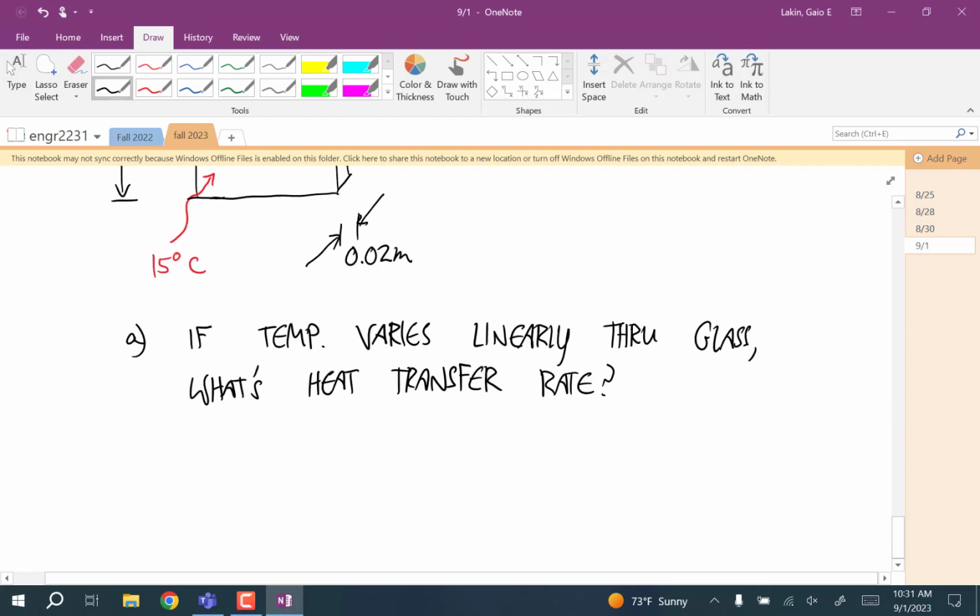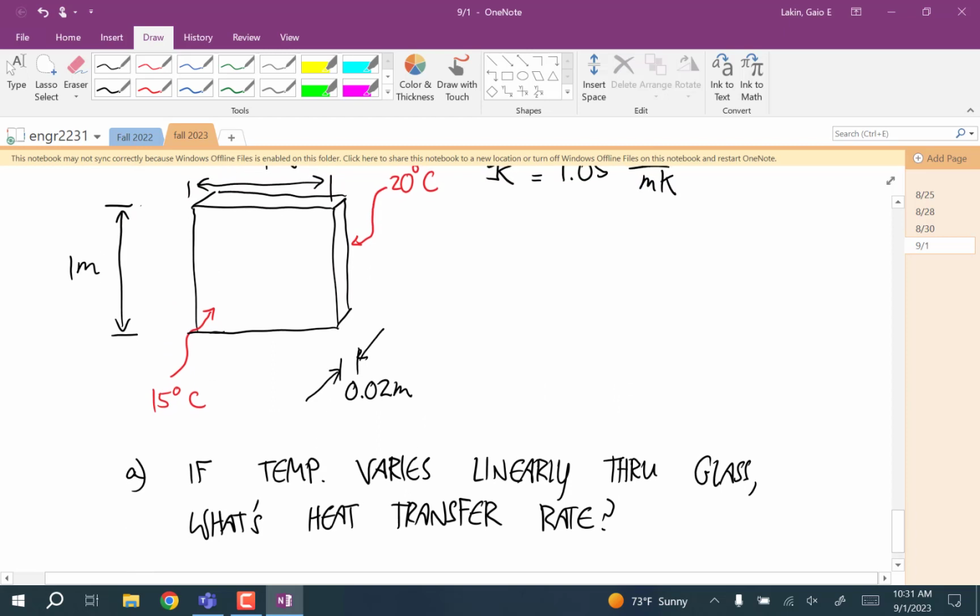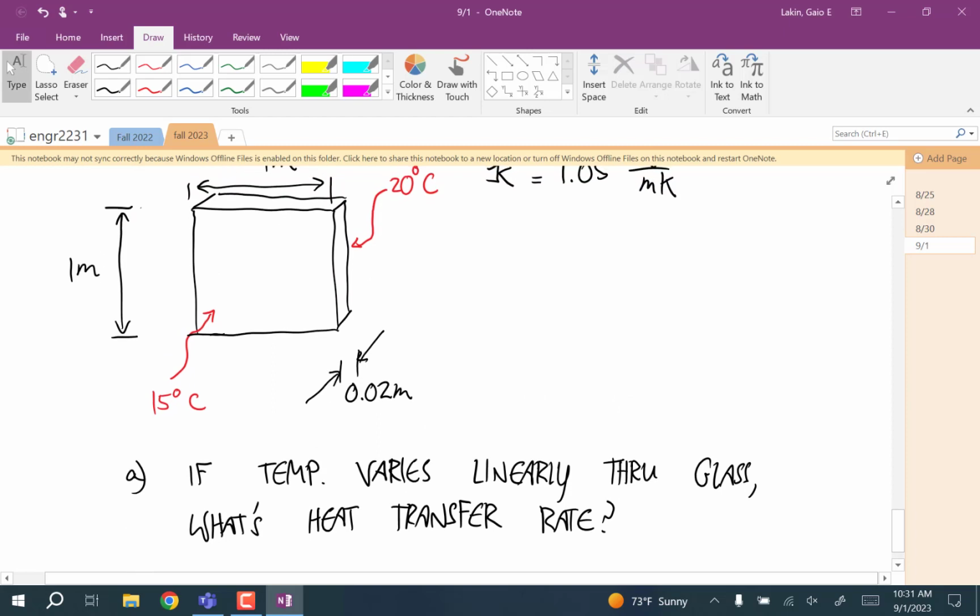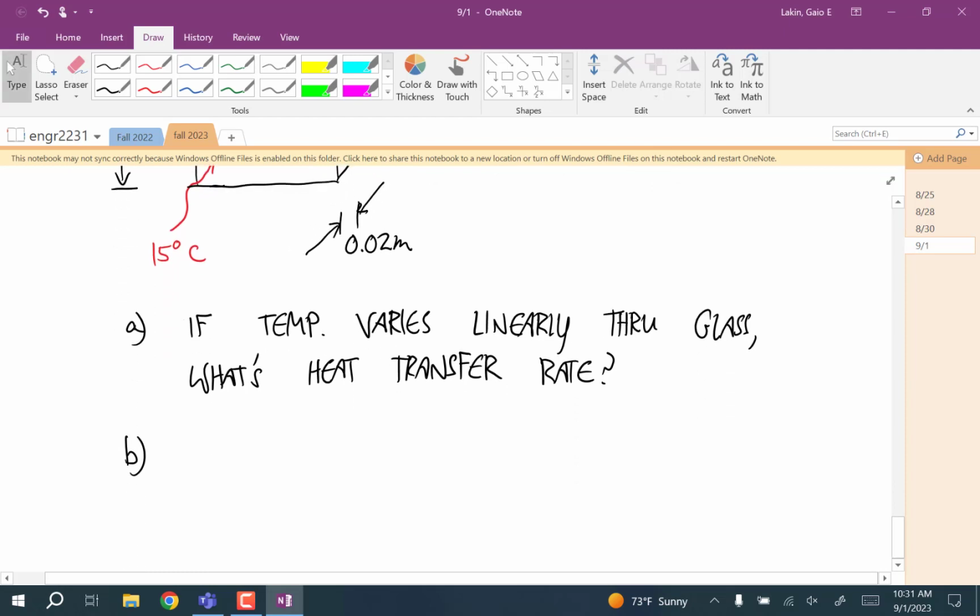And then the second question is, okay, well, what's our system going to be? We're talking about heat transfer from one side of this glass to the other. So our system is going to be one side of the glass. It's not going to be the glass itself. So let's say that the system is the 20 degree side, what's the Q dot that we would use in the first law?